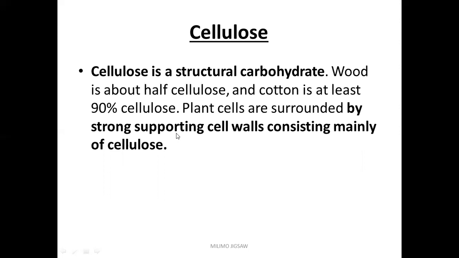It is very abundant in plant cells, which act as a supporting and protective material. So cellulose is a structural polysaccharide that is found in plant cell walls.